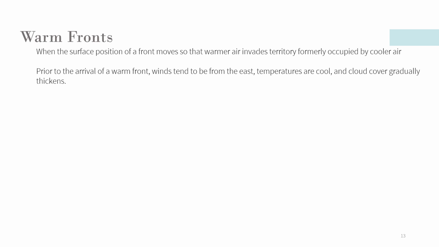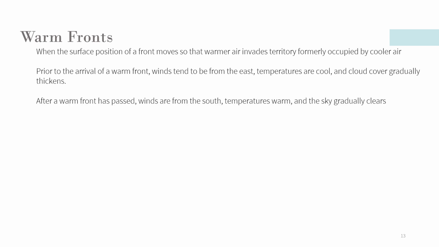Prior to the arrival of a warm front, winds tend to be from the east, temperatures are cool, and cloud cover gradually thickens. So this is the weather prior to the arrival of a warm front.